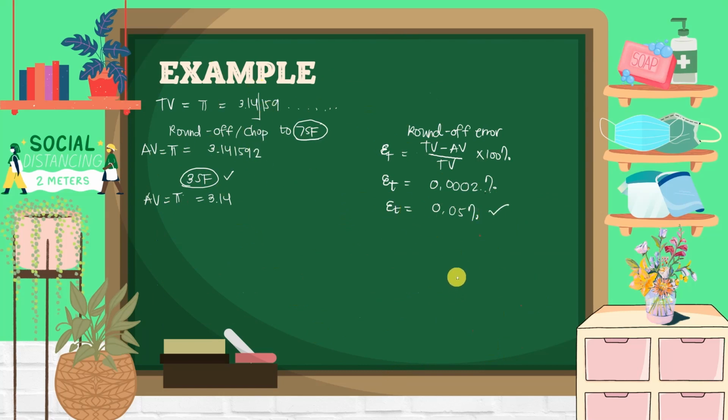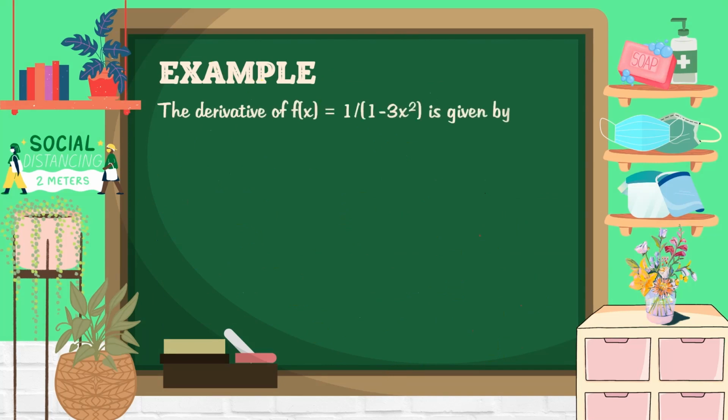percent error natin. For example, the derivative of the function 1 over 1 minus 3x squared is given by 6x over 1 minus 3x squared, squared.